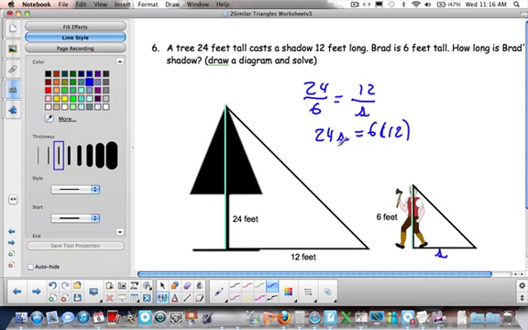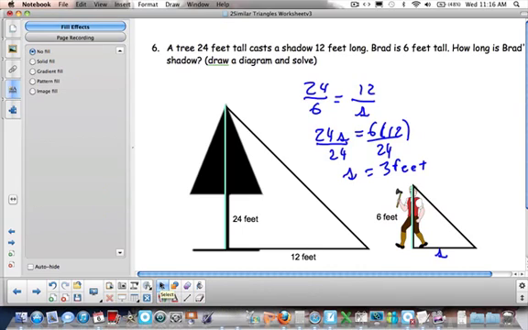Divide both sides by 24. We get S is equal to 3. And that's feet. So therefore Brad's shadow is 3 feet long.